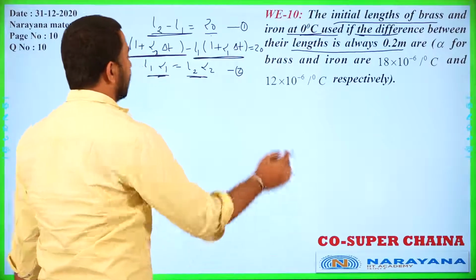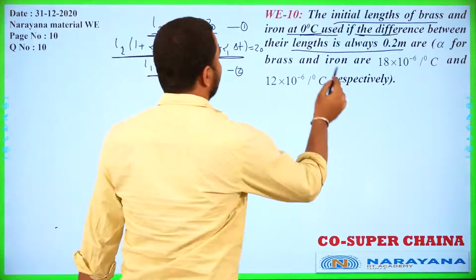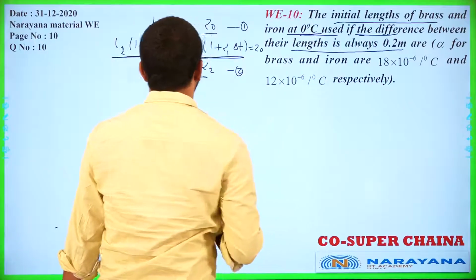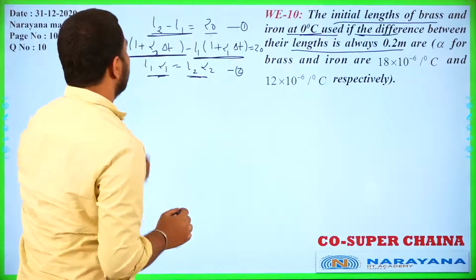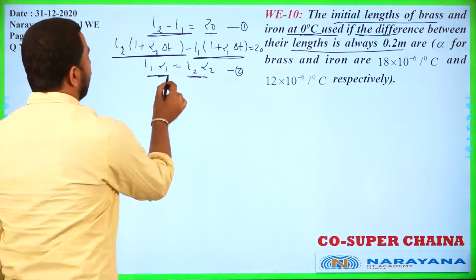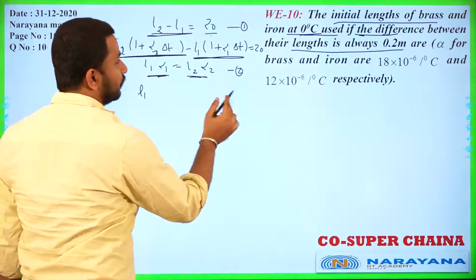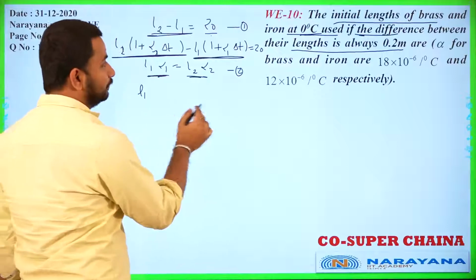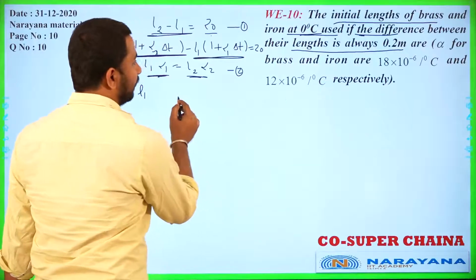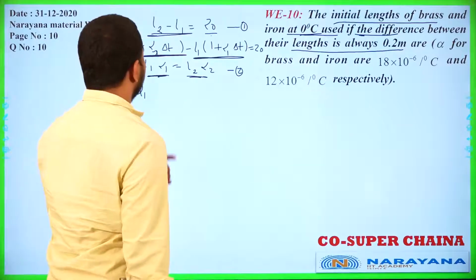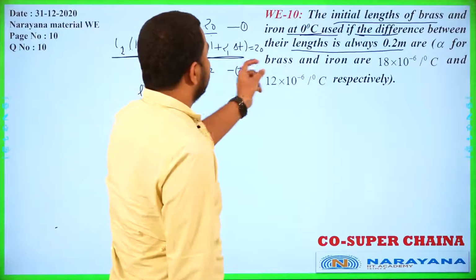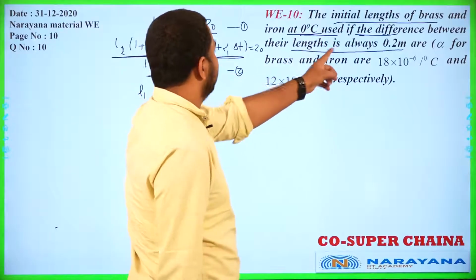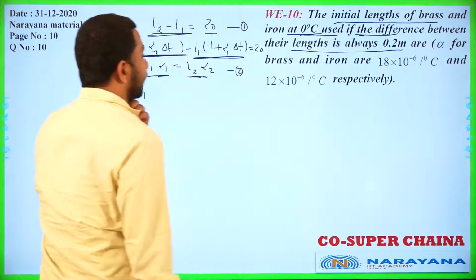Now you need to plug in the initial lengths of brass and iron, L1 and L2, which you have to find. L1 into alpha 1, you will plug in the alpha 1 value. First we will plug in for the brass, where L2 minus L1, the initial lengths of brass and iron, differ by 0.2 meter.